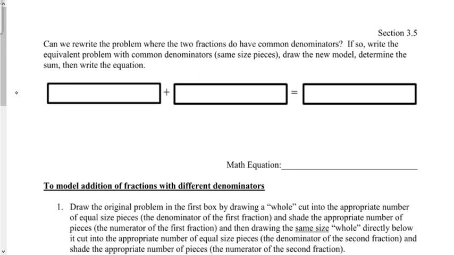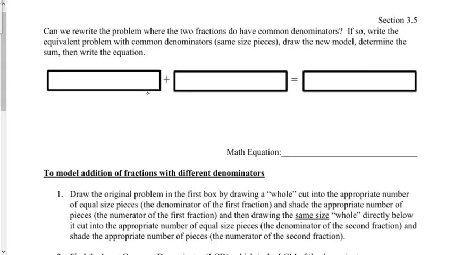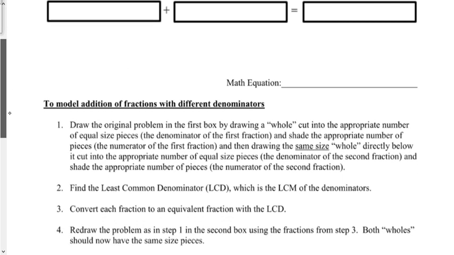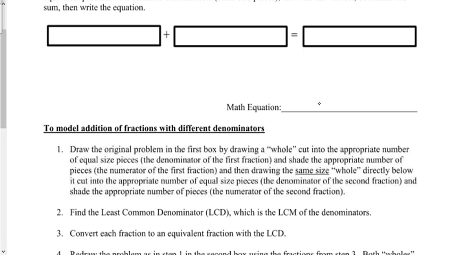Okay? On the next page of your notes, this problem is basically what we just did. So you could fill that in with what we just did. That idea of 1/2 plus 1/3. Well, that becomes 3/6 plus 2/6 makes 5/6. Sorry, I'll fix that. There. Now it became a 6. Okay.